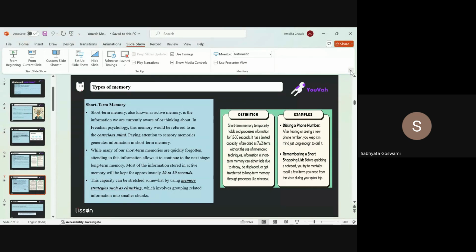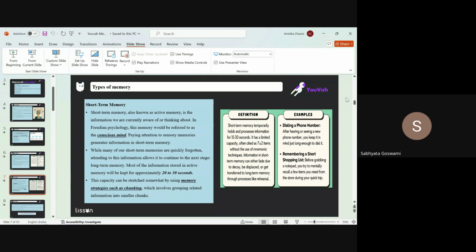And when we think about them more or process them better, try to understand their meaning, then they go to the next stage of memory, which is the long term memory. Information in short term memory usually lasts for 20 to 30 seconds, and we can try to learn better or hold information longer in our short term memory through various techniques like chunking.